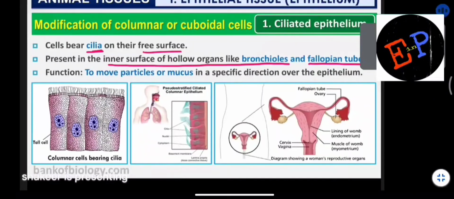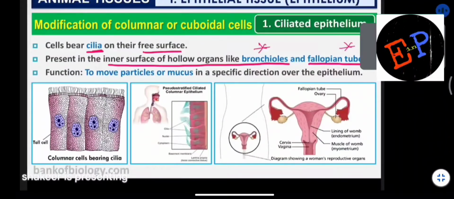Fallopian tubes are present in the female reproductive system, and in them you can find ciliated epithelium. Bronchioles are present inside the lungs. Are you able to understand, ma?